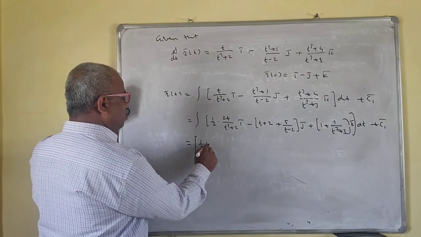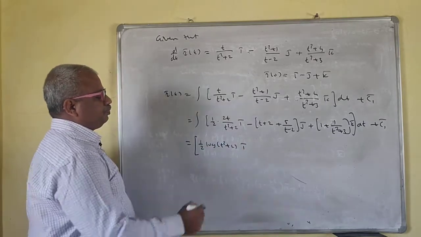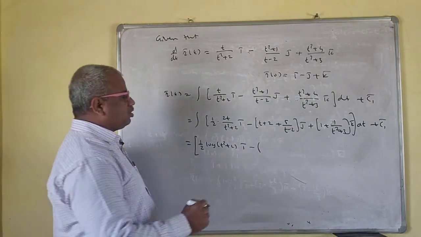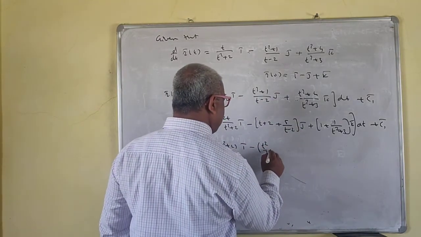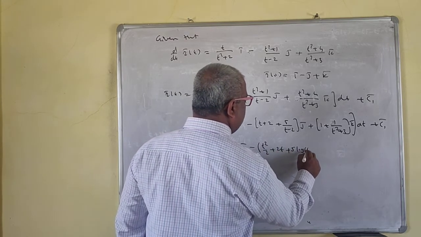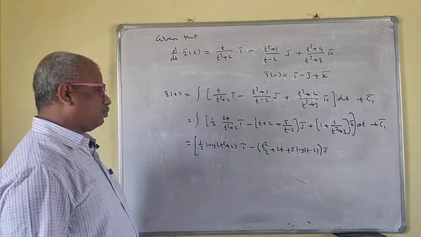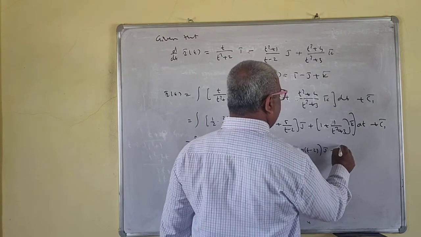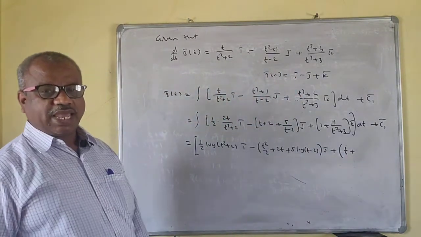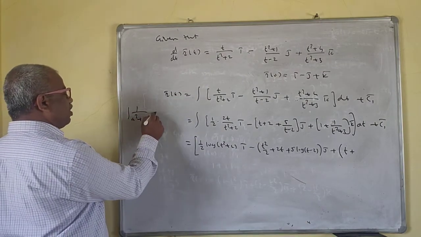This is 1/2 log of t square plus 2 i bar, minus, I write in bracket, open bracket. So integration of t is what? t square by 2 plus 2t, plus 5 log of modulus t minus 2 j bar. We have to take the integration, plus integration of t here, plus integration of 1 upon t square plus a square dt.